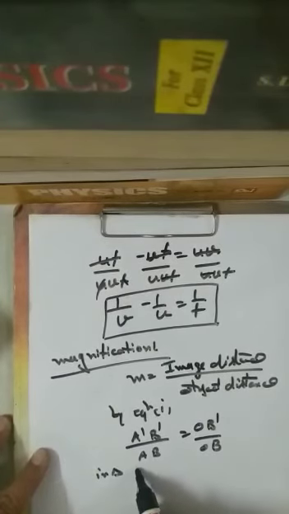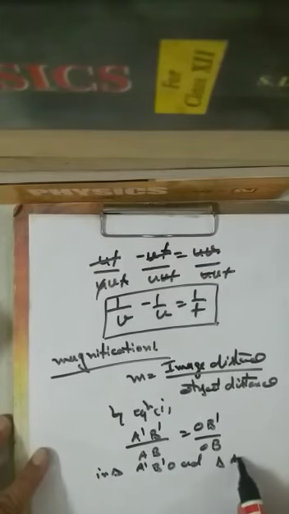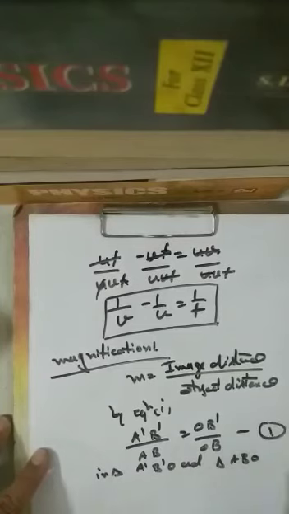In triangle A dash B dash O and triangle ABO, this is equation 1, which we have already got.